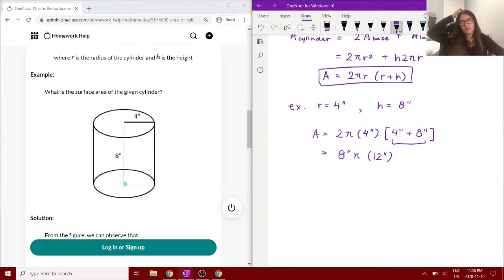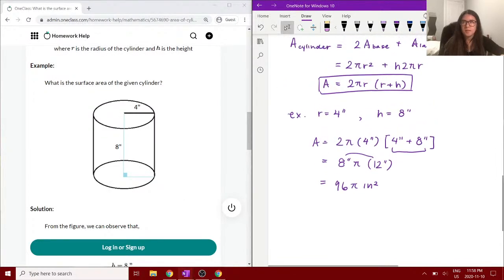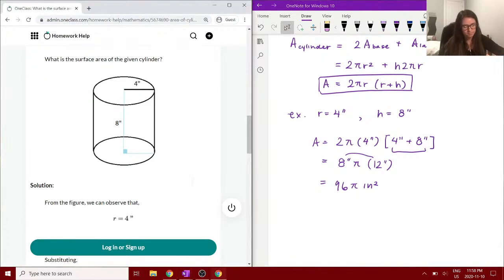Okay, and then we have inches times inches, so the final answer would be 96 pi inches squared, right? And obviously you can multiply the 96 times pi to get an approximate answer, but since pi is repeating, we'll leave it as this for an exact answer. And yeah, that's how you would apply the formula we just found out.